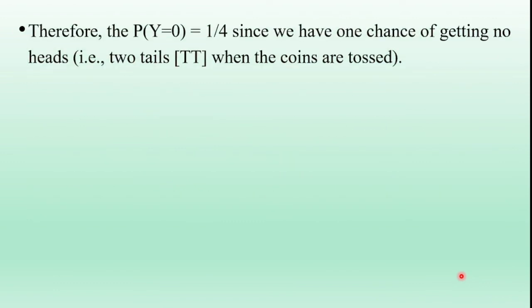For the probability of getting no heads, that is probability of Y equal to 0, only one combination is there: tail-tail, with no heads. So the number of favorable outcomes is 1 and the total number of outcomes is 4. So the probability of Y equal to 0 is 1 by 4.